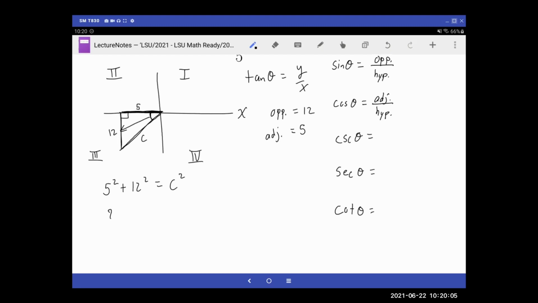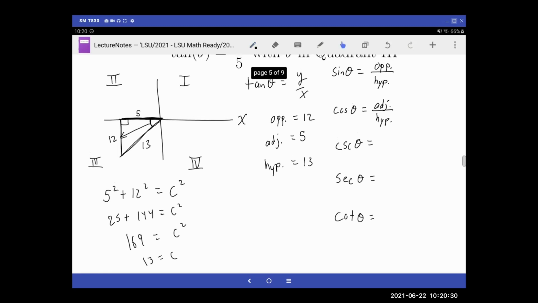Okay, so that's going to be 25 plus 144 equals c squared. 169 is equal to c squared. And then the square root of 169 is 13. So this is going to be 13. The hypotenuse is 13. Okay, and so now let's go ahead and start filling in our values.